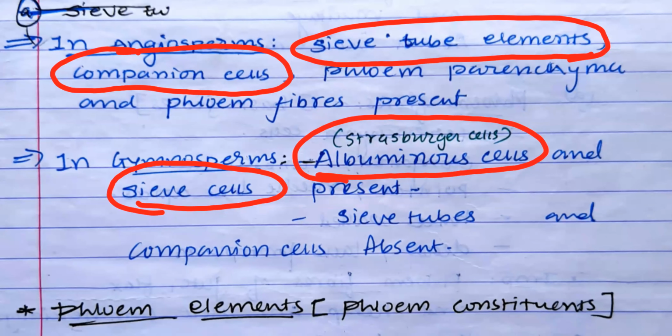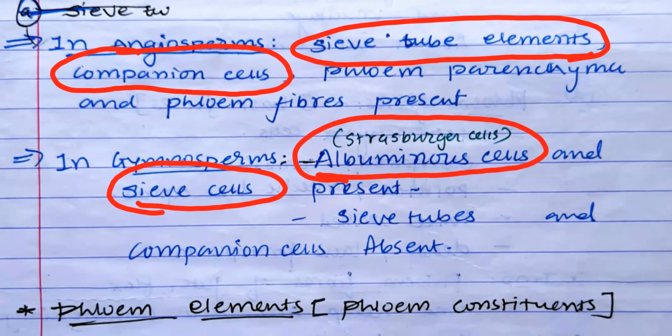Even in xylem, you have seen tracheids to be found in gymnosperms and vessels in angiosperms as conducting elements. So basically, gymnosperm is comparatively a primitive plant in evolution, so its xylem and phloem have primitive components.